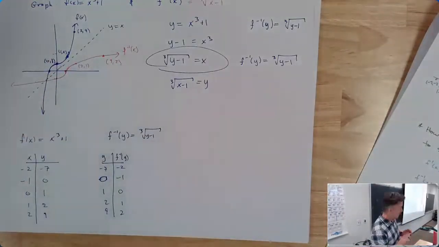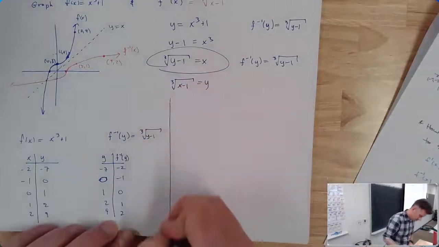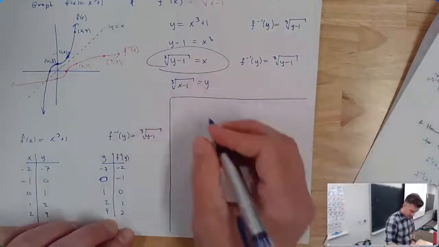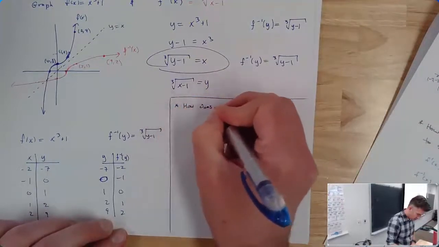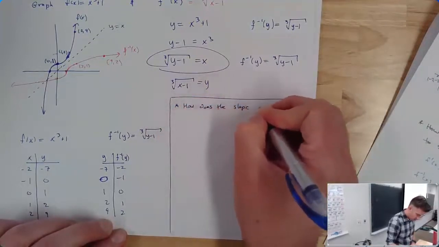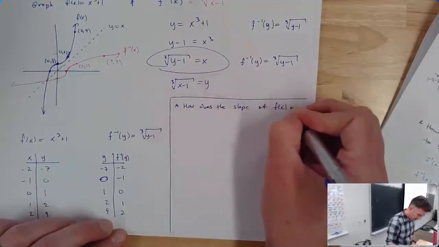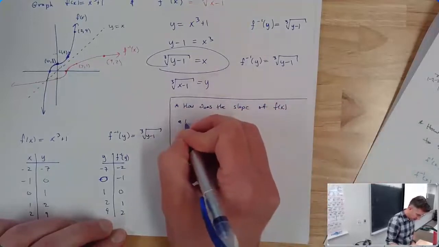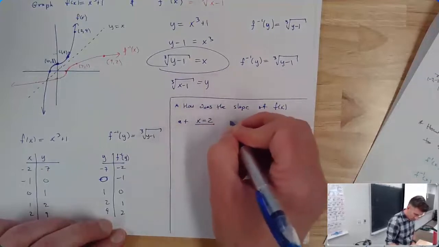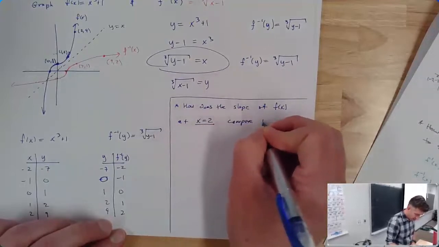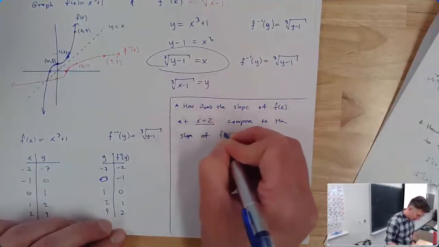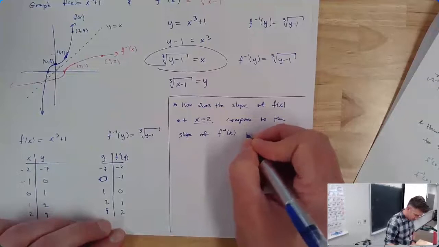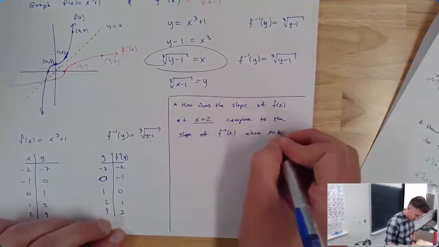So here's what I want to actually talk about. How does the slope of your original function f of x when x is equal to 2 compare to the slope of f inverse of x when x is equal to 9?